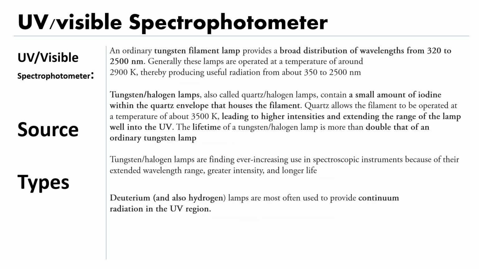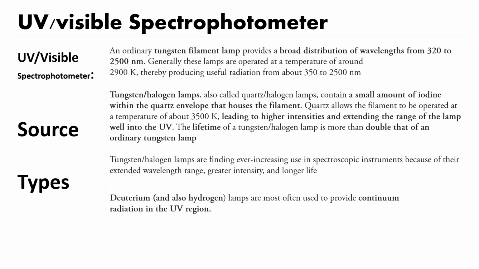In a UV visible spectrophotometer, a tungsten filament lamp provides a broad distribution of wavelengths from 320 nanometers to 2500 nanometers. These tungsten halogen lamps, also called quartz halogen lamps, contain a small amount of iodine within the quartz envelope that houses the filament.